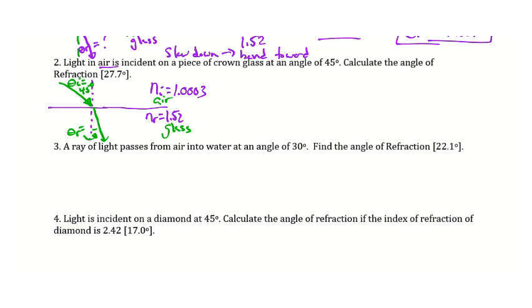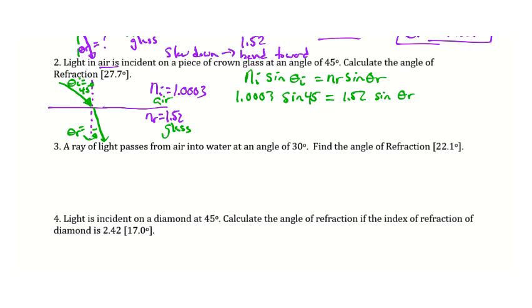So we're going to use Snell's law again. Ni sine theta i is Nr sine theta r. 1.0003 times the sine of 45 equals 1.52 times the sine theta r.